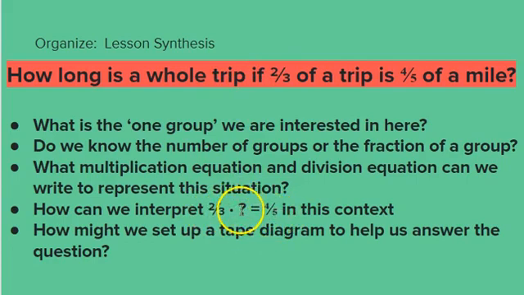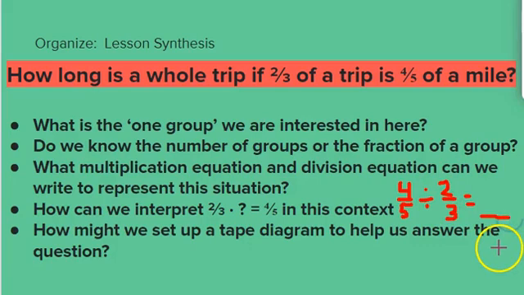Thinking of the division, you're going to have 4/5 divided by 2/3, which is going to give us the entire trip.